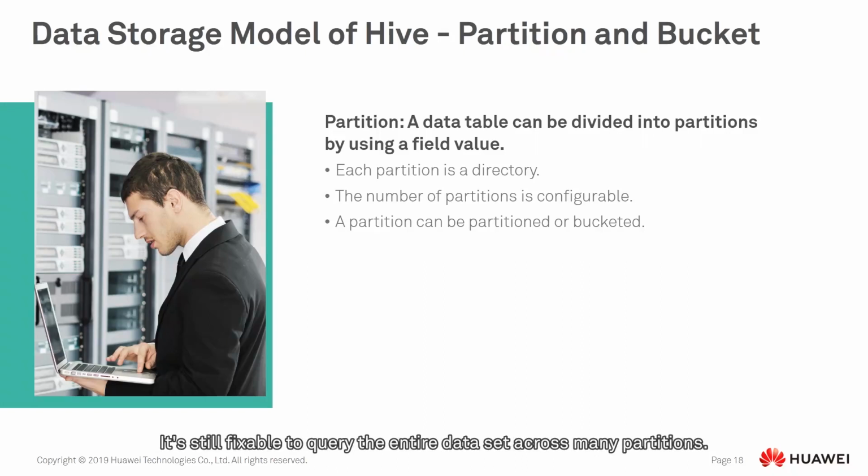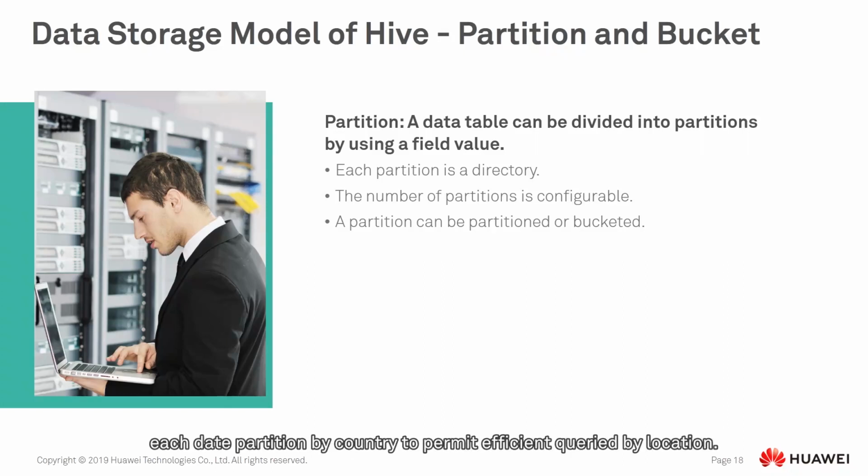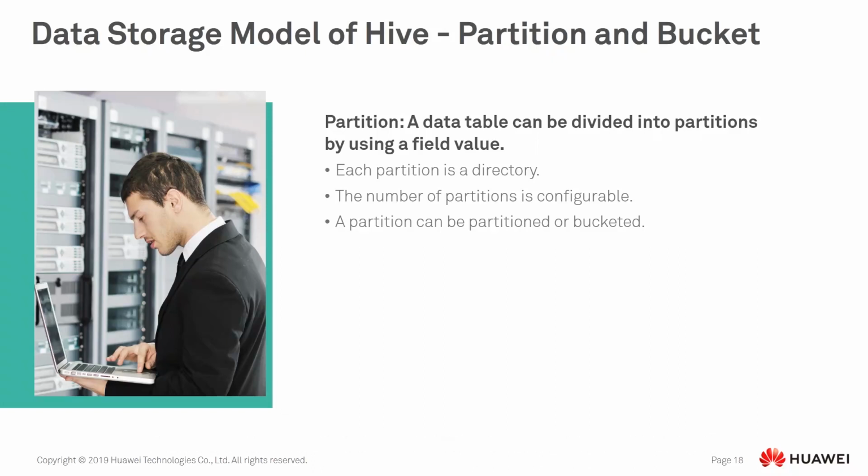It is still feasible to query the entire dataset across many partitions. A table may be partitioned in multiple dimensions. For example, in addition to partitioning logs by date, we might also sub-partition each date partition by country to permit efficient queries by location.